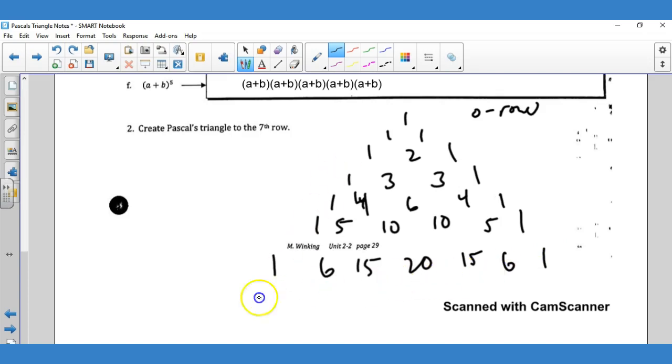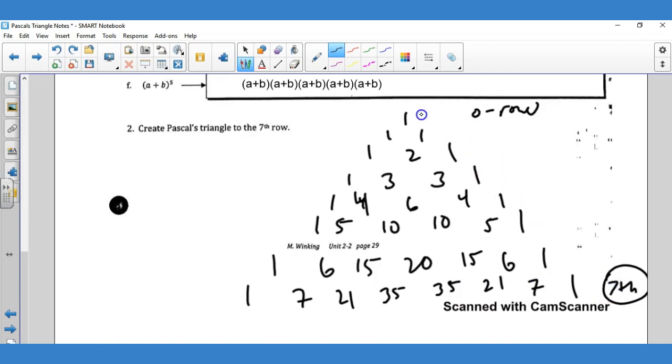And then we have 1, 7, 21, 35, 35, 21, 7, and 1. This is our 7th row right here. 0 row, 1st, 2nd, 3rd, 4th, 5th, 6th, 7th.